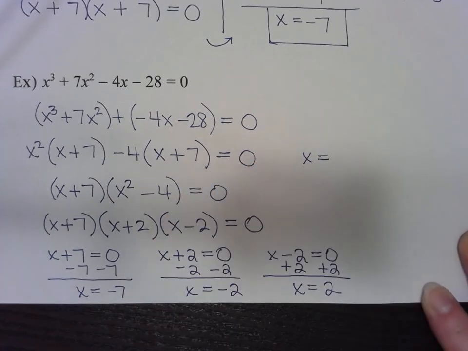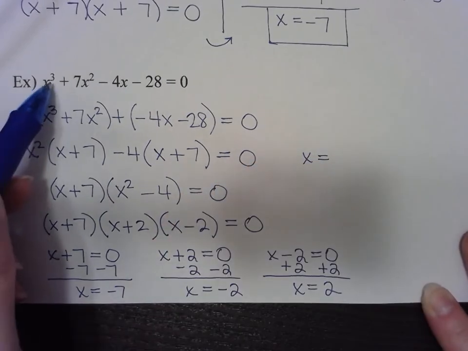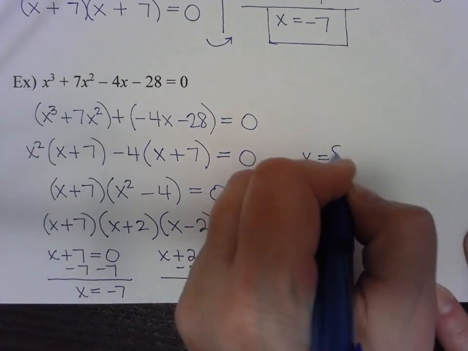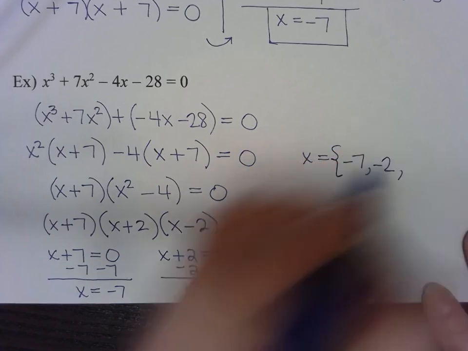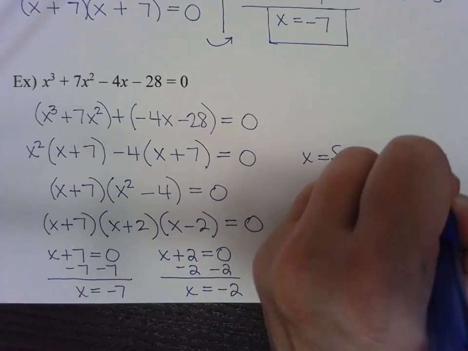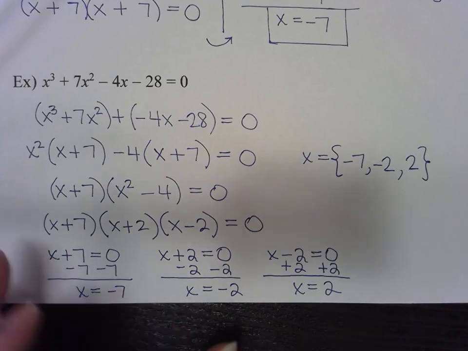If I have a degree of 3, that means I could have at most 3 answers. And that's another thing that's going to come up in college algebra when you get there.